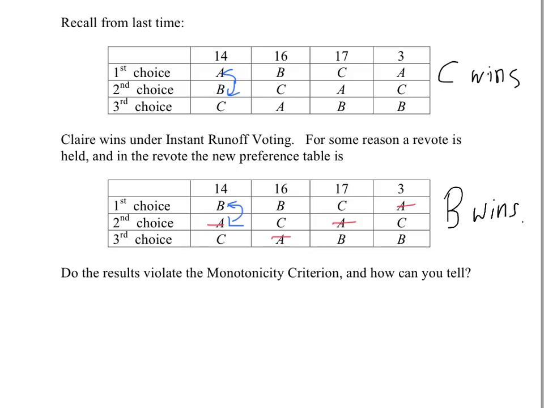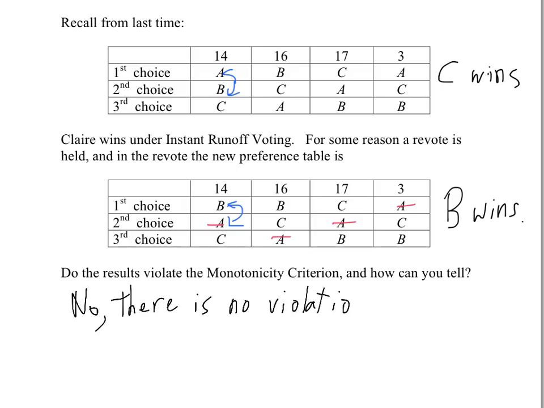Now, we have a scenario in which the winner in the original election has lost the revotes. Does that mean that the monotonicity criterion has been violated? Well, this is a little bit subtle, but the answer is no. The monotonicity criterion has not been violated. So no, there is no violation.